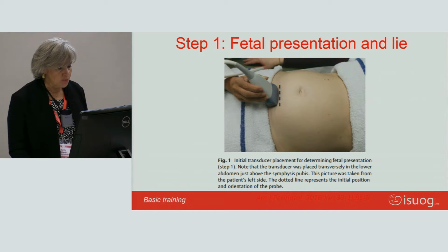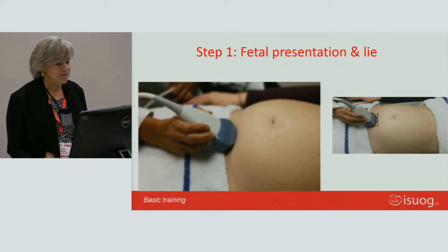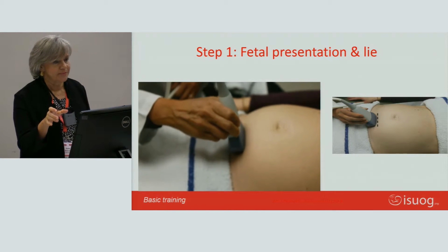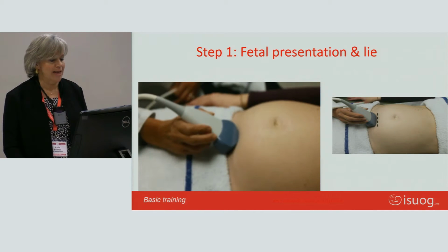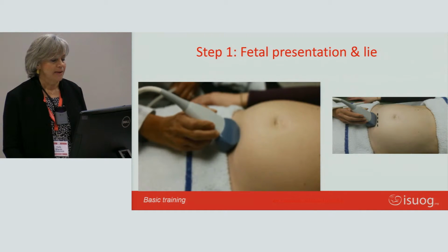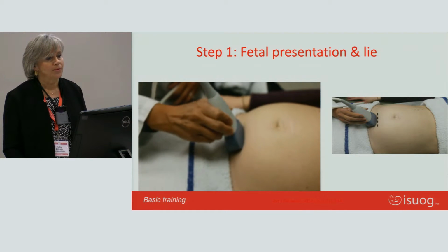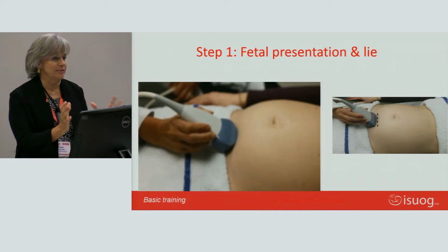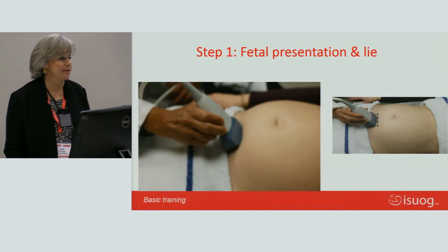And then what we can do is just tilt the probe, and you can see here exactly the movement, and this will tell you what the structure is that you have under your probe.